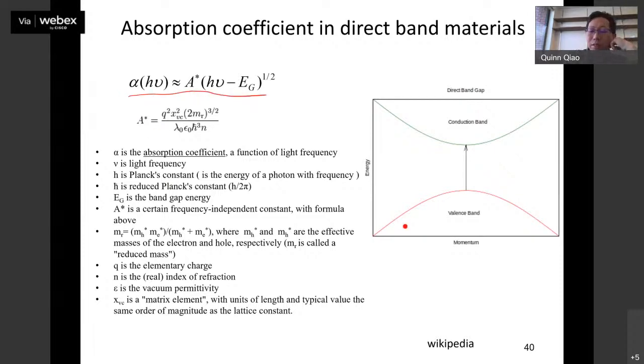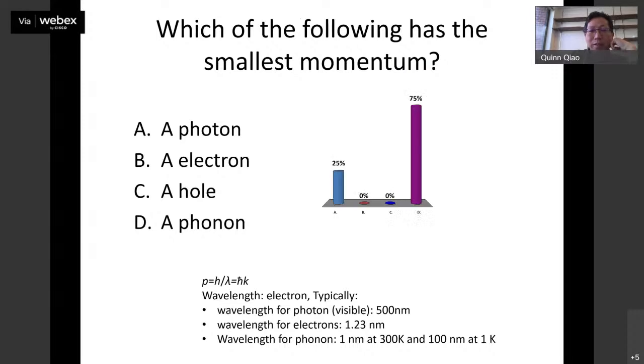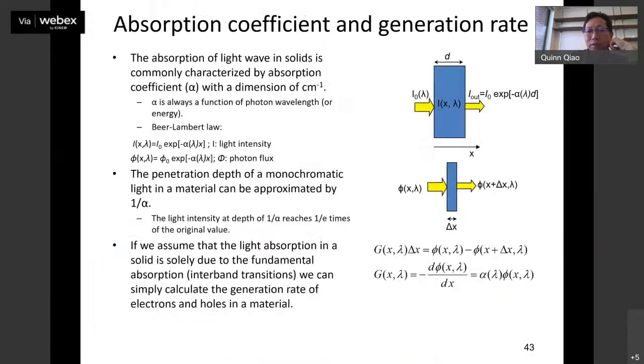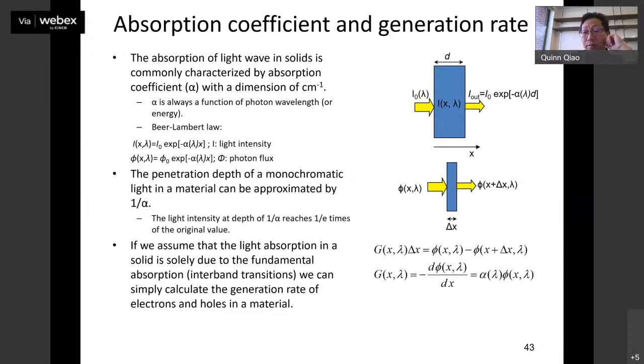There's another way as well. If you can measure the generation rate, and you know the photon flux, you'll be able to determine the absorption coefficient.